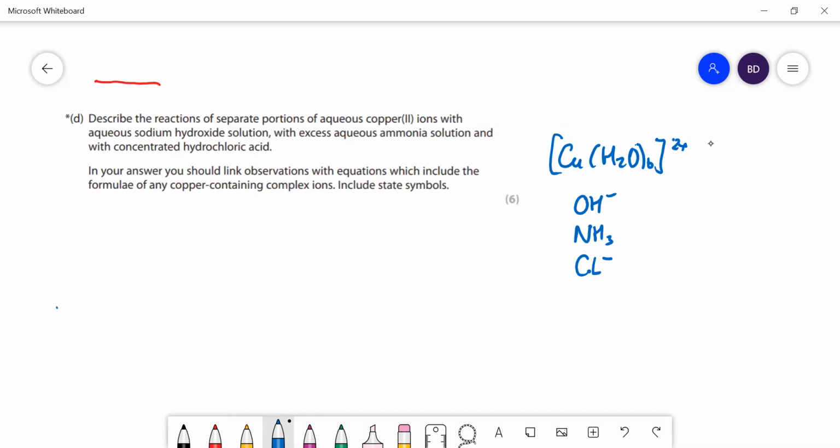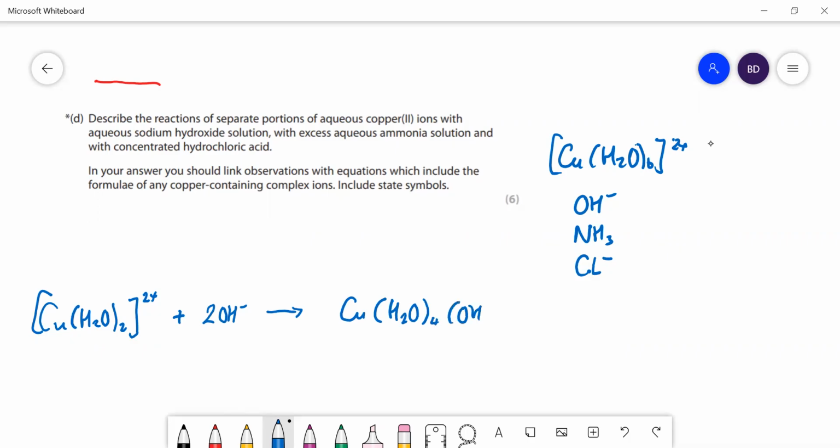It doesn't ask us to explain, but of course this complex is a Bronsted-Lowry acid, because it tends to donate protons. The copper 2+ draws in charge from the water molecules, which makes it easier to release H+. So if you add OH- to that, it will release 2 protons, and 2 of the waters will turn into OH- because they've lost an H+.